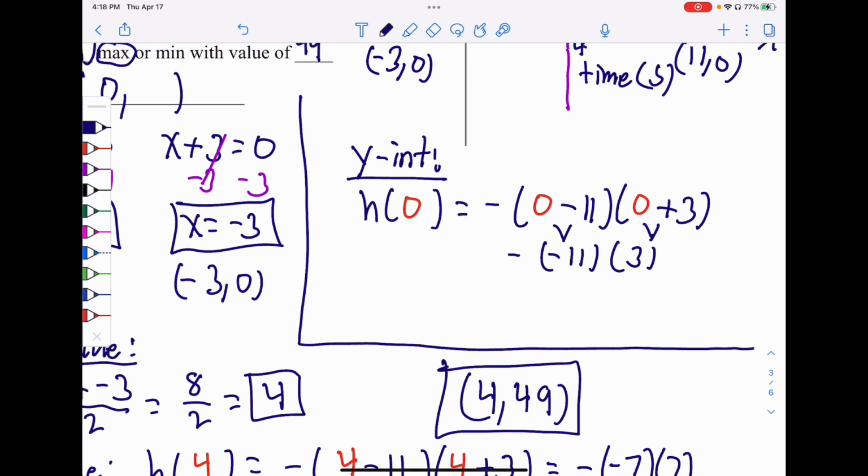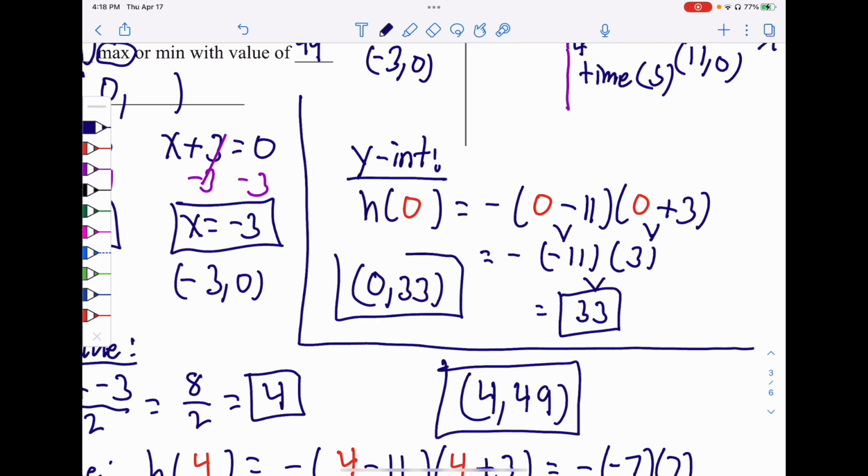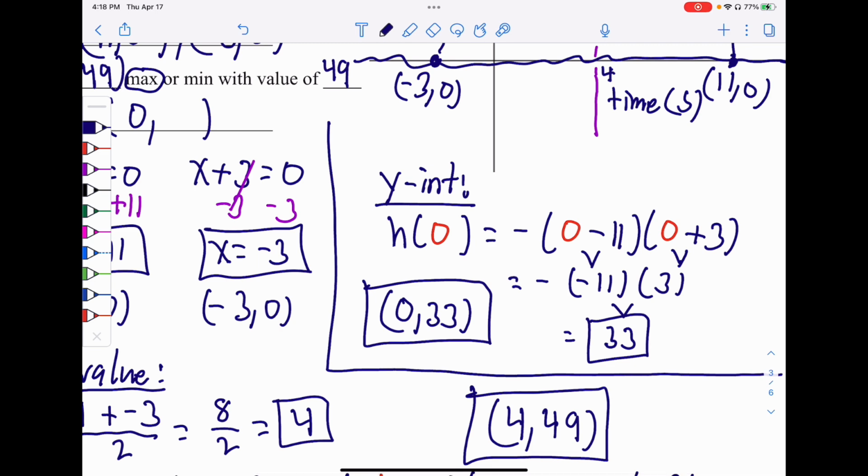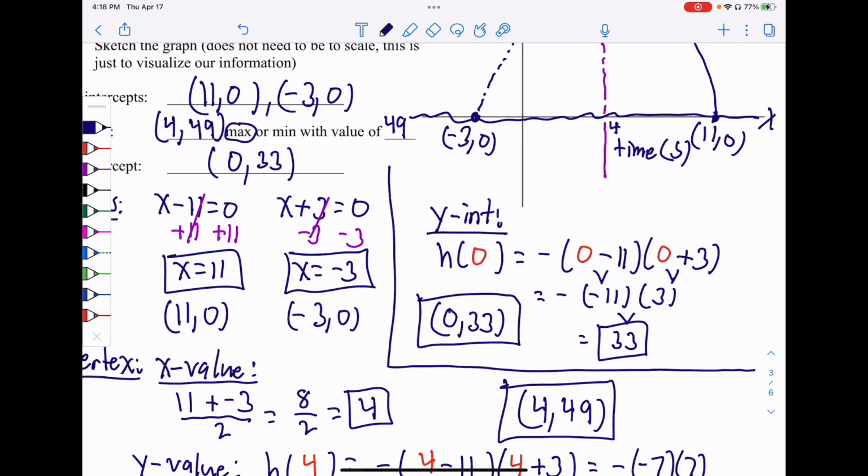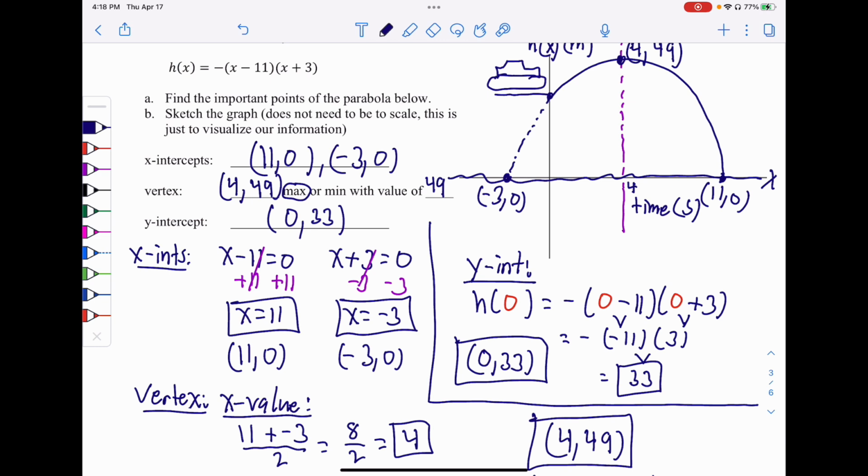So you have the negative in the front. Negative 11 times 3, negative 33. Negative times a negative is a positive, so this is just positive 33. So our y-intercept is at (0, 33). And that's our y-intercept. So we know our hovercraft took off at 0 seconds and a height of 33 meters.